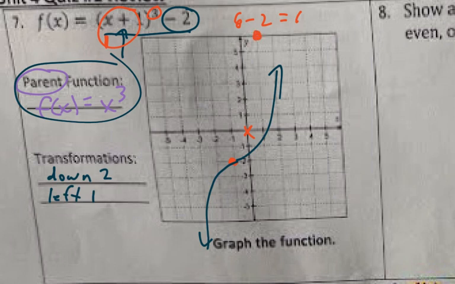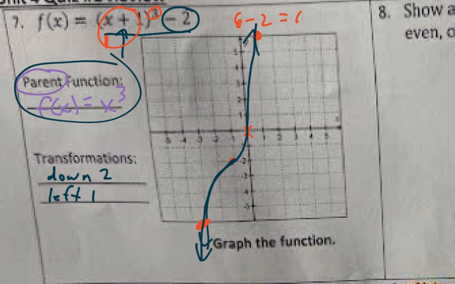And if I likewise go to negative 3, it should be negative 6 right there. So let me get my rough sketch drawn in a little bit better. So it's going to go up like that and go down like that. Okay, but anyways, you can always plug in points to help you.